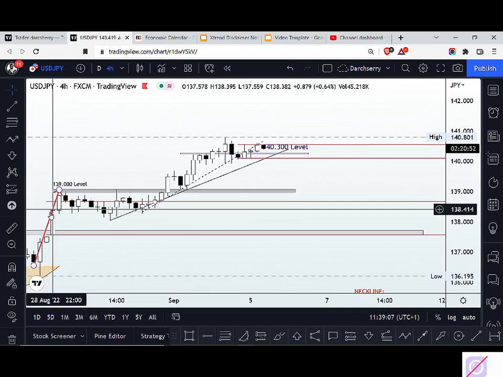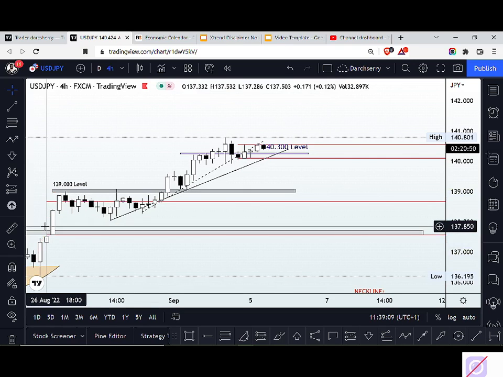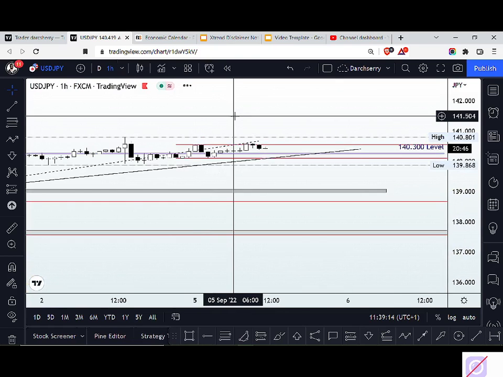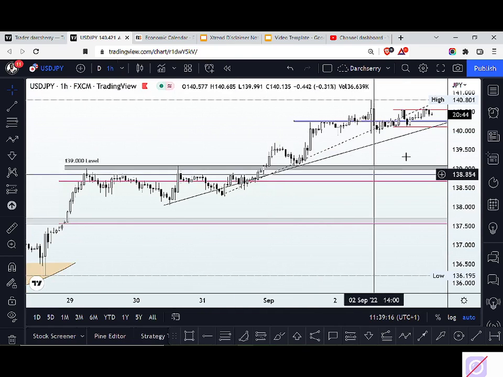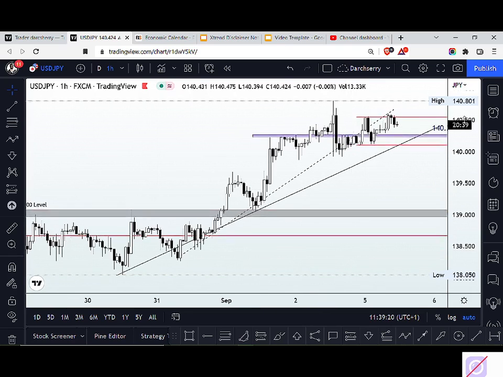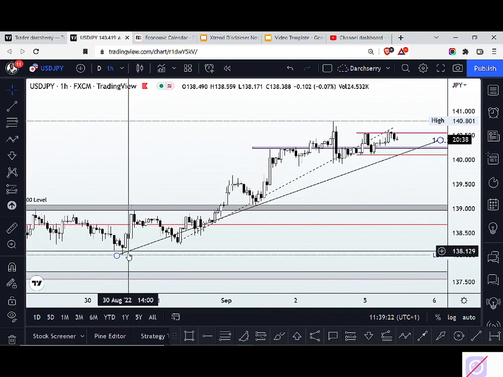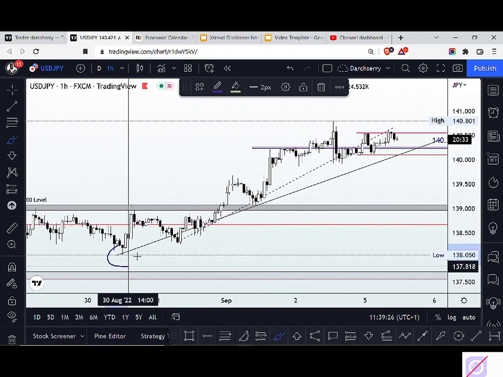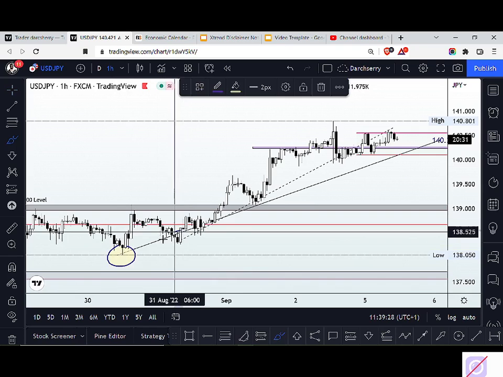In order to look out for trading opportunities lining up for us this week, I was able to scale down to the 1 hour time frame where we'll begin to see things very, very clearly. Right now we are on the 1 hour time frame, and the first thing we observe here is this temporary bullish trend line after connecting the series of higher lows.